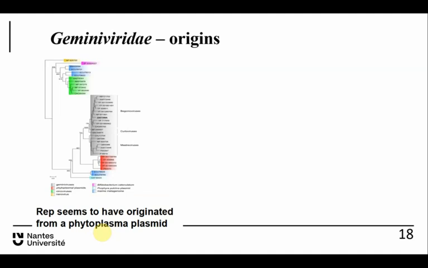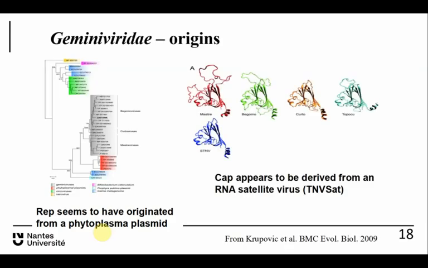But so you've got the first part, the replication system, and it needs to have a capsid, right? So where did the capsid come from? The Geminivirus capsid proteins are structurally all very, very similar, and the only similar type of capsid protein is found in an RNA satellite virus.